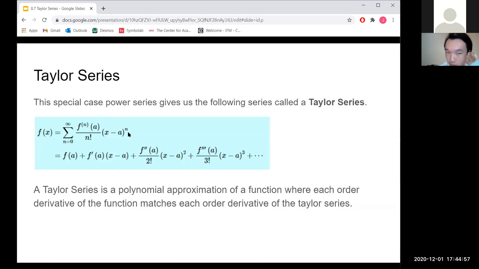And this is the formula for a Taylor series, okay? So you'll need to know this, write it down in your notes. And then the next line is just what happens when you expand the Taylor series. If you write down every term, that's what it looks like. All right, I'll give you guys a moment to jot that down. And then we'll talk about what it represents.